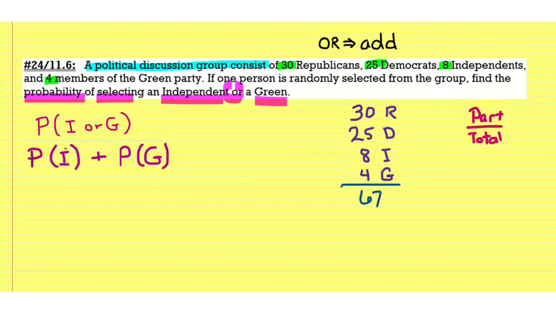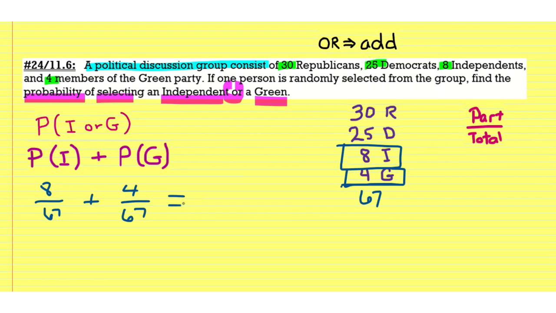So now I need to find my independent part. So my independent part is the 8. So 8 out of the 67 total, plus find my Green Party part. So my Green Party part is 4. So that's going to be 4 divided by 67.